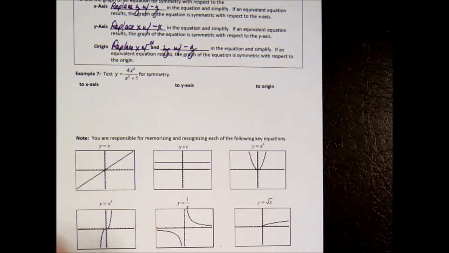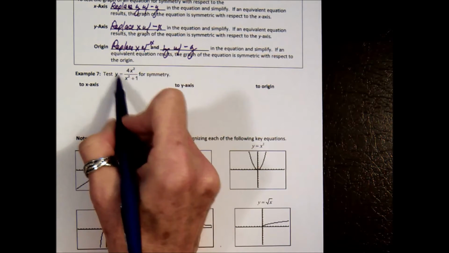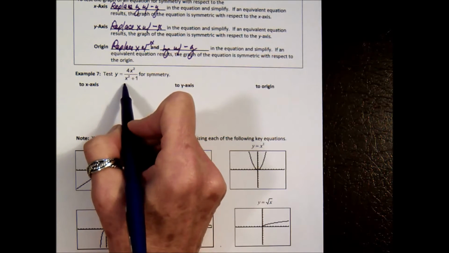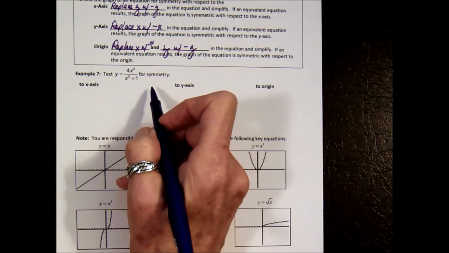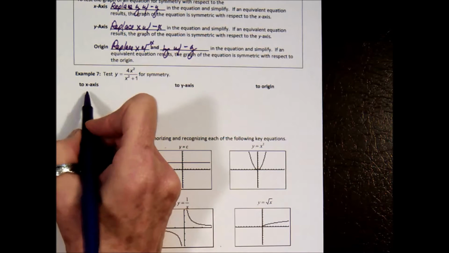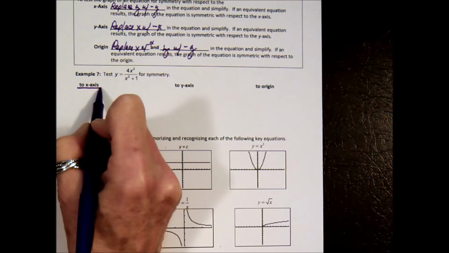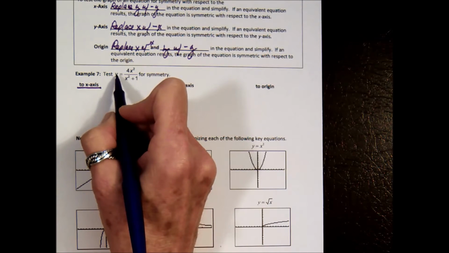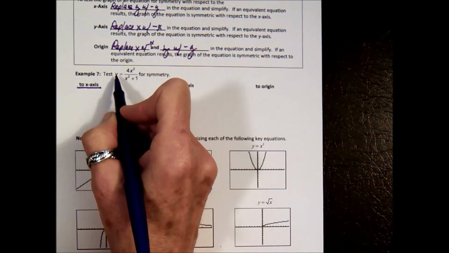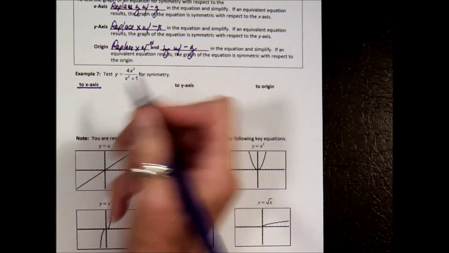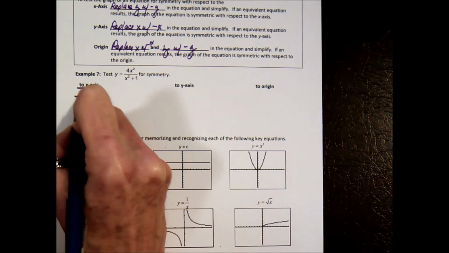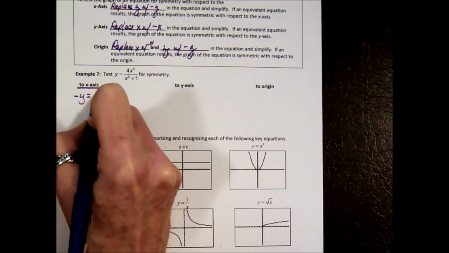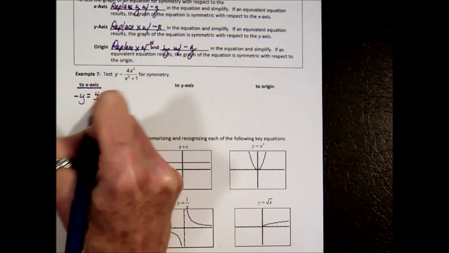So here I have an equation, y equals 4x squared over x squared plus 1, and we want to test it for symmetry. So first, to test for symmetry to the x, I'm going to put in a negative y. So I replace the y with the negative y. So what I get is negative y equals 4x squared over x squared plus 1.